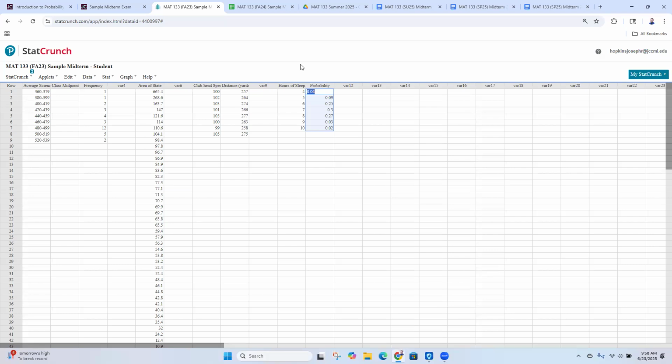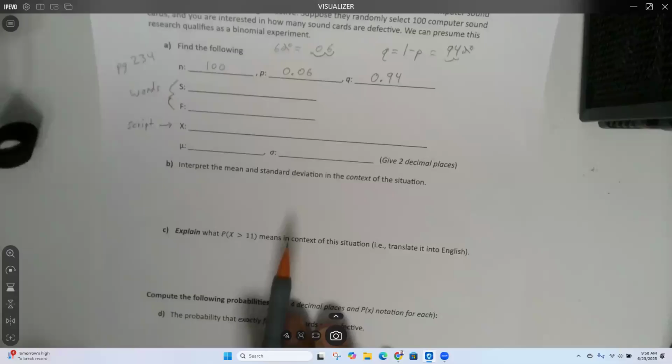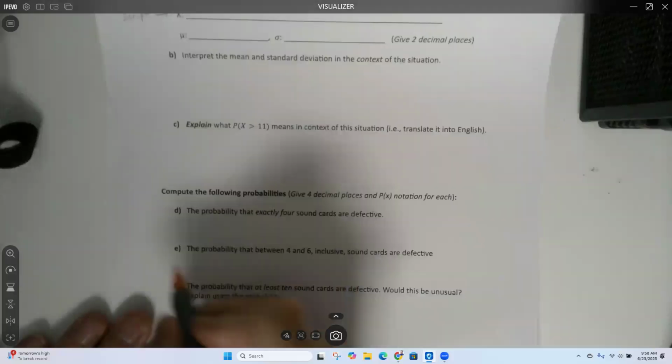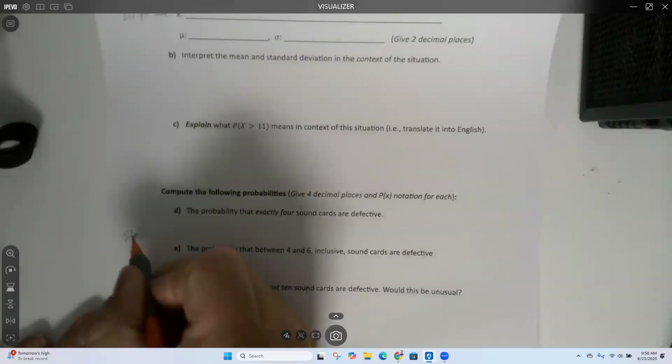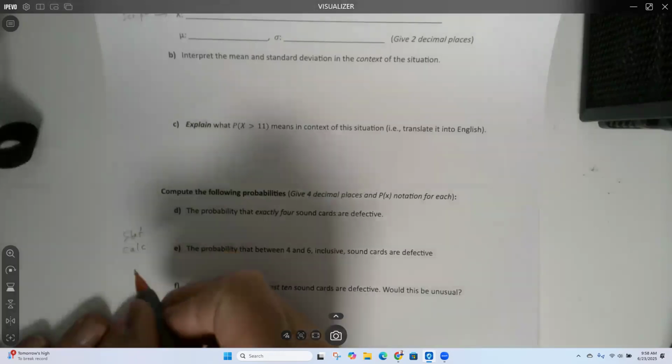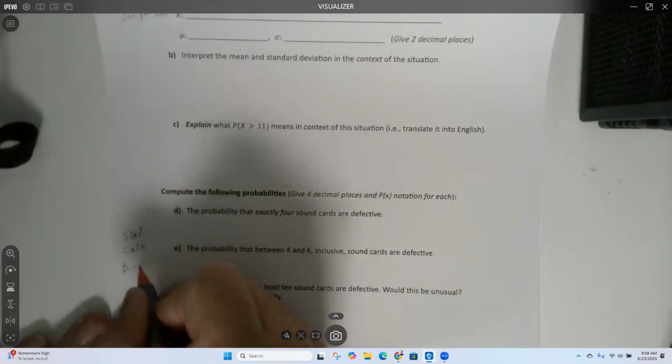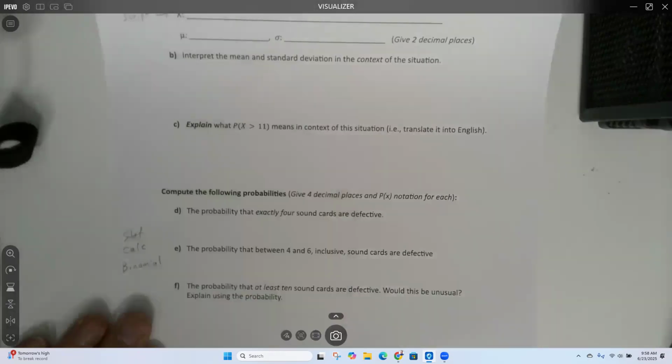That's not going to need any of this data here. You're going to enter the numbers that we gave you on the worksheet in order to calculate that. So that's for this one here, Stat, Calc, Binomial.